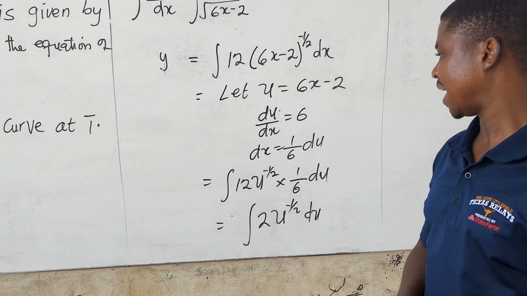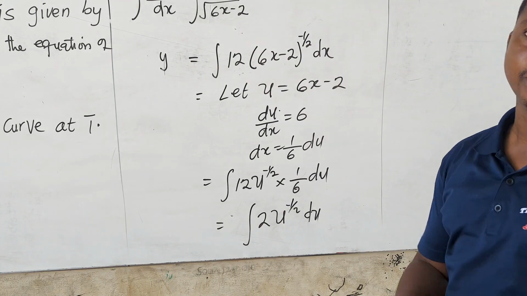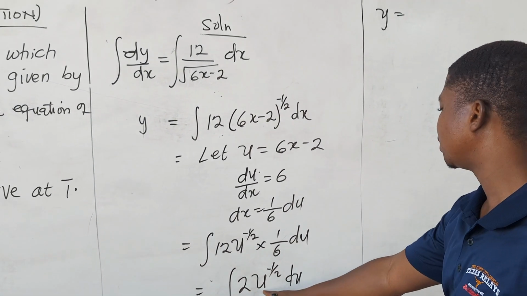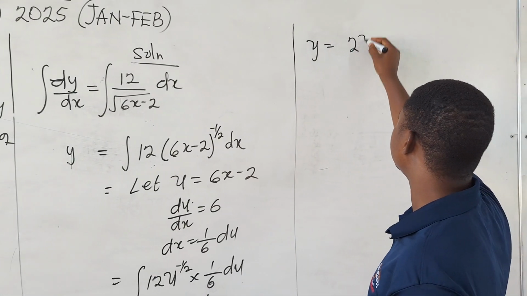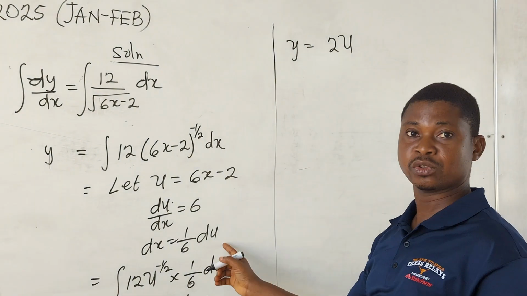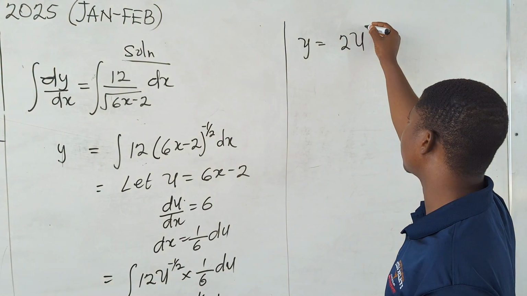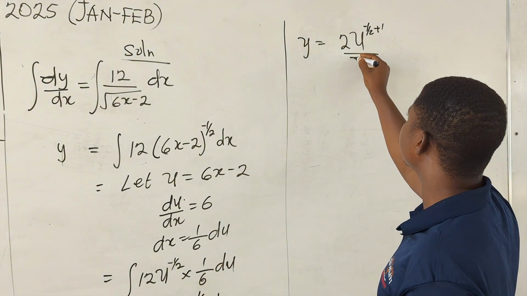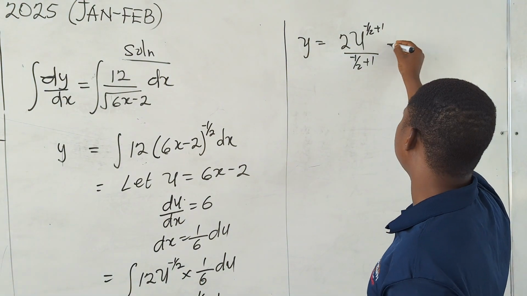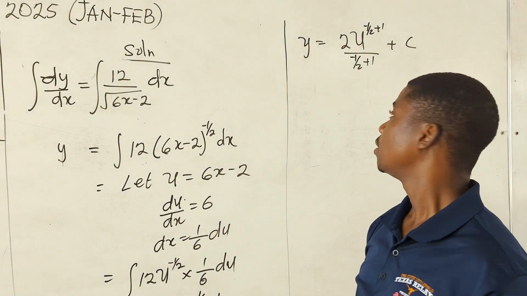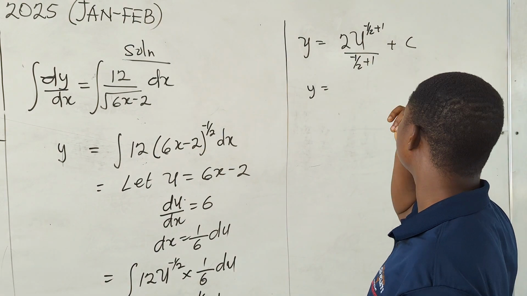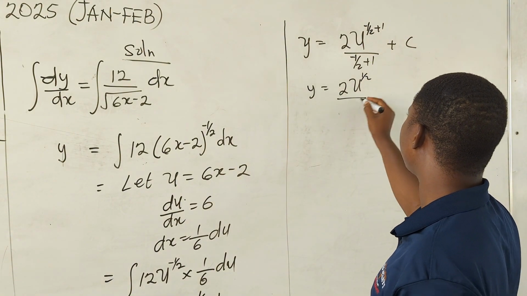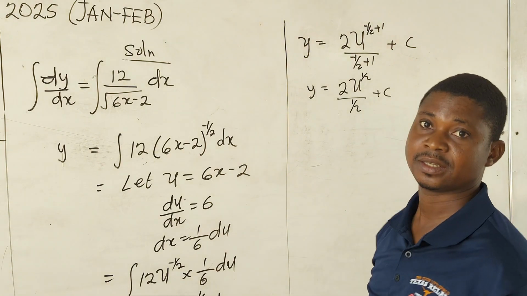Now we need to integrate that. All this is equal to y. So y is equal to, when you integrate 2u to the power negative half, you add 1 to the power and divide by the new power: negative 1 over 2 plus 1, plus our constant c. So y is equal to 2u to the power half over half plus c.